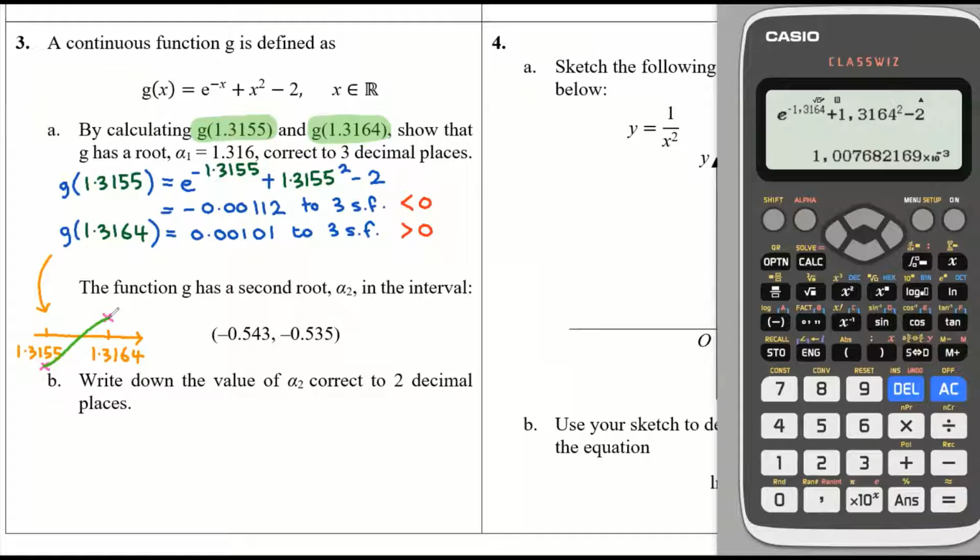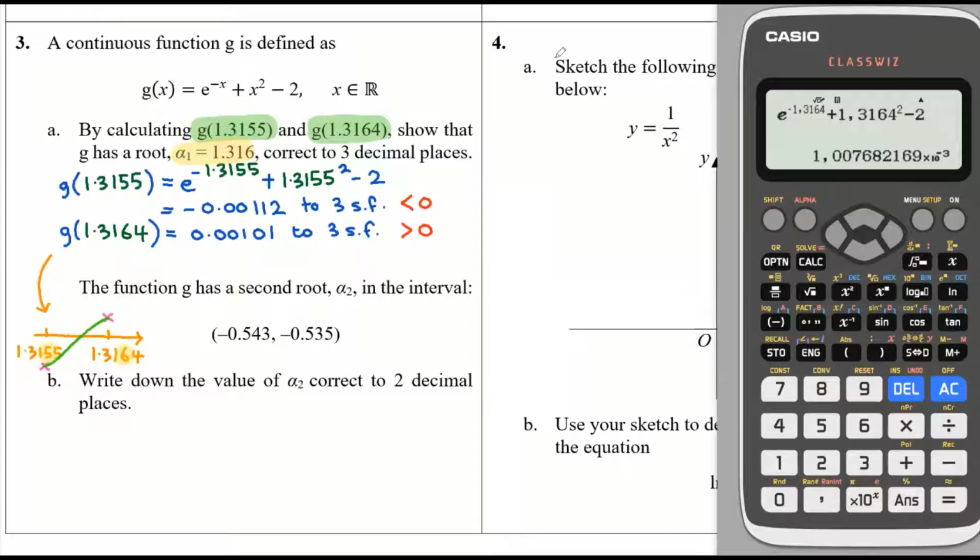Now, the reason we know alpha 1, as it's called, is 1.316, as is given in the question, which I'll just show you here. We know that that is correct to 3 decimal places because if we round our value to 3 decimal places, we get exactly the same number.